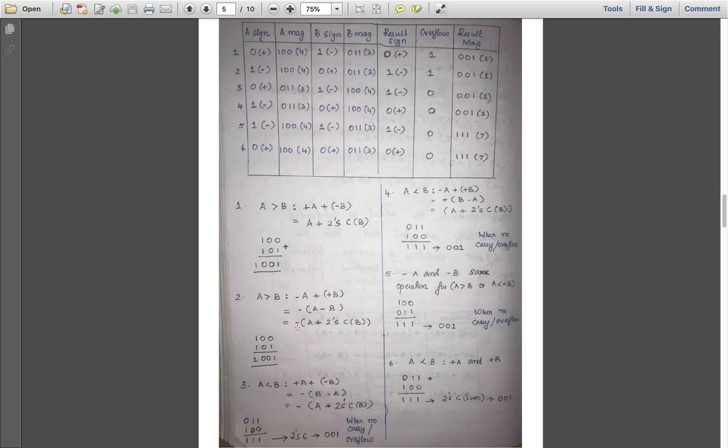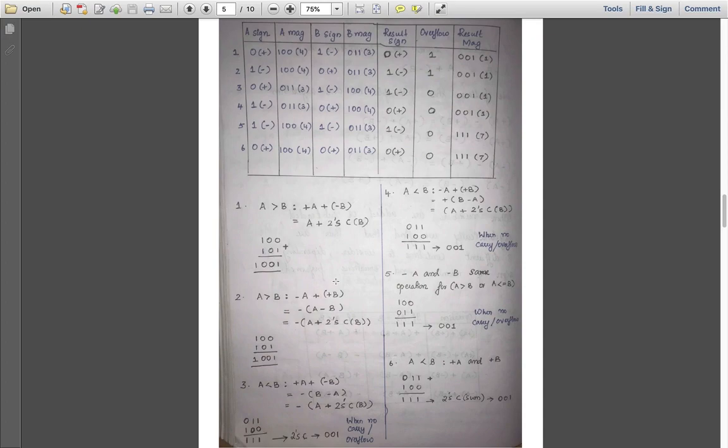Here you have a negative sign because A is the greatest number and the sign of A is negative. So that is why in the result also you have a negative. The answer is again minus 4 plus 3, which is minus 1. So the result magnitude is 001 with the result sign minus. Okay, understood? So these two cases we have seen.